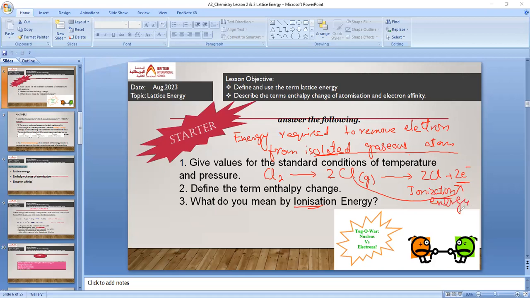Basically, ionization energy is totally opposite to electron affinity, because electron affinity was the energy required to add an electron in the outermost shell of an atom, and ionization energy is to remove an electron from the outermost shell. So these are opposite to each other.